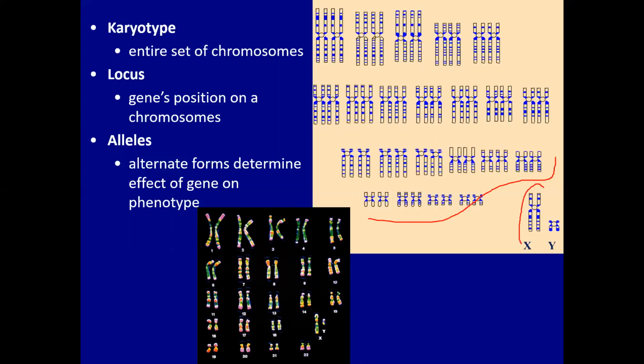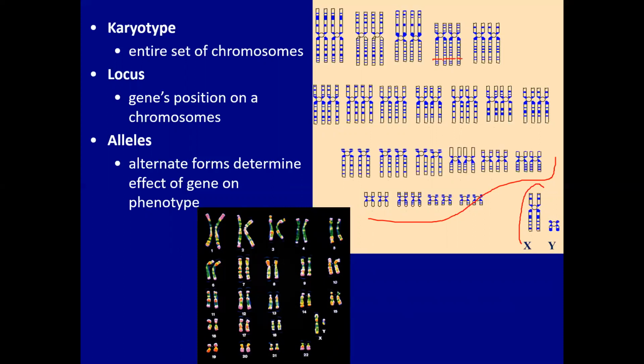Also, when we refer to chromosomes within a karyotype, I've already mentioned genes and alleles. Well, we can say a locus is the gene's position on a chromosome. If I wanted to say that the gene for eye color is located on this fourth pair of chromosomes, I would tell you that the locus is here, here, here, and here.